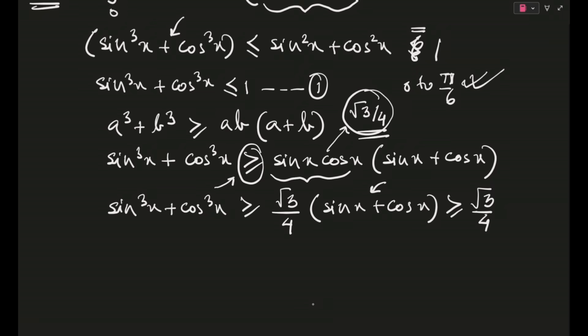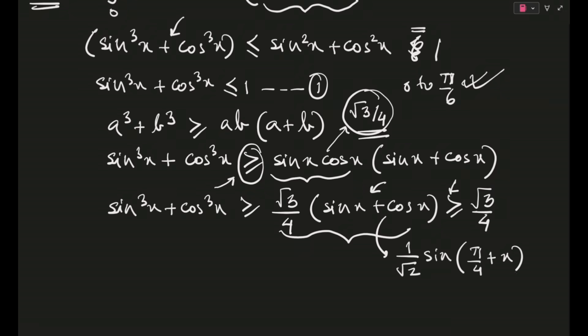So the inequality will be greater than or equal to root 3 by 4, right? It's okay, wait. If this is 1 by root 2 times sine of (pi by 4 plus x), yes, it is absolutely correct. Root 3 by 4 into 1 by root 2, it is greater than or equal to root 3 by 4.